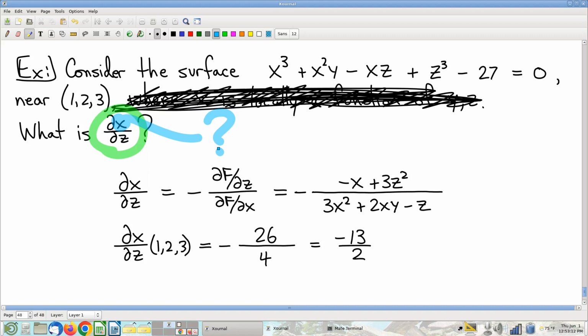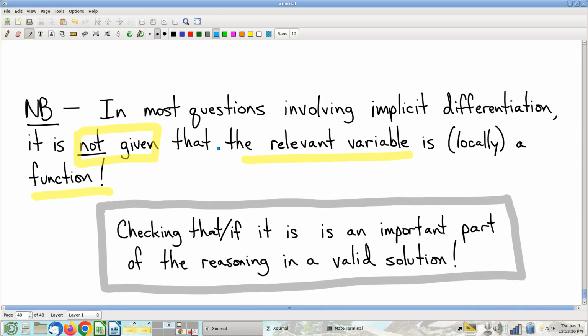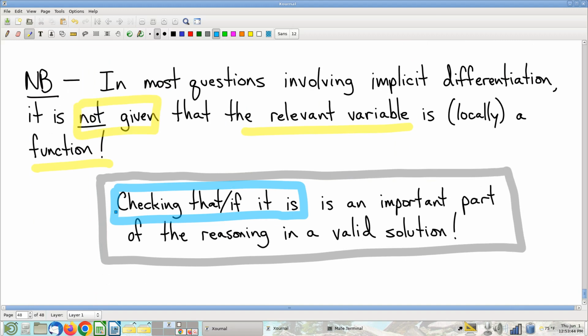There's also, by the way, the legitimate possibility of error on my part, right? So again, don't trust me. And furthermore, when you encounter these kinds of questions outside of Math219, don't assume that the person who's asking you the question has already confirmed it. There's all sorts of reasons why you should not assume that this is not a garbage question. So when you see one of these questions on the exam, checking whether the thing that you want to view as a function actually is a function is a huge part of the solution.